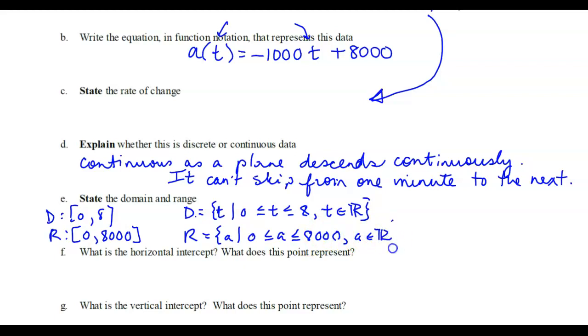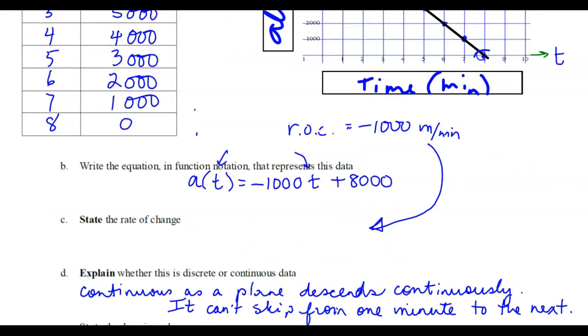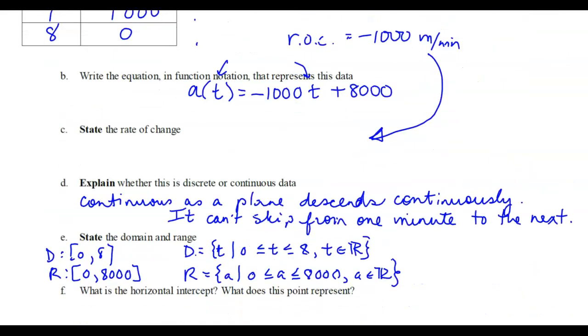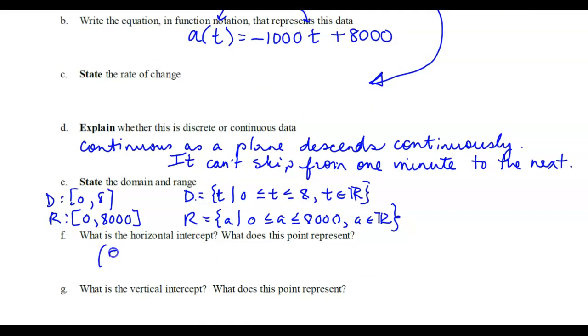Horizontal intercept. Well, where does it touch the horizontal axis? There at 8. So the coordinates of that point are (8, 0), and that's the time it takes to land.